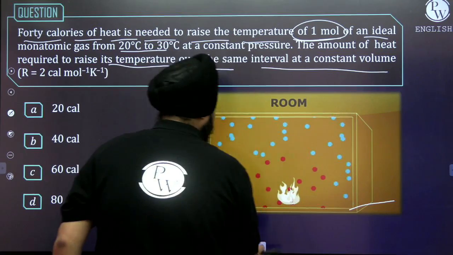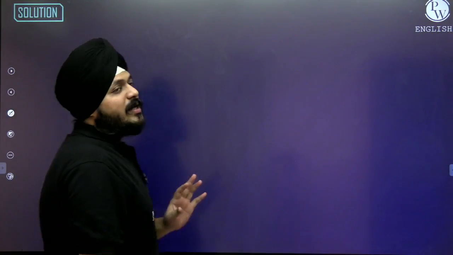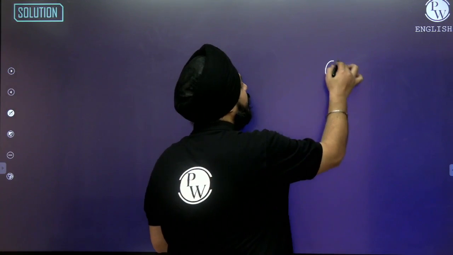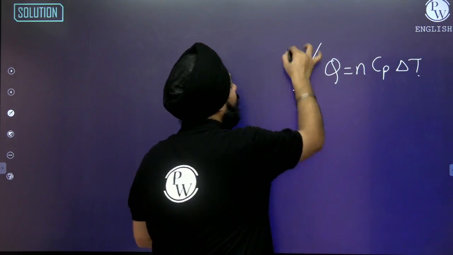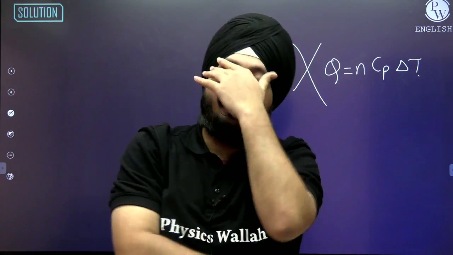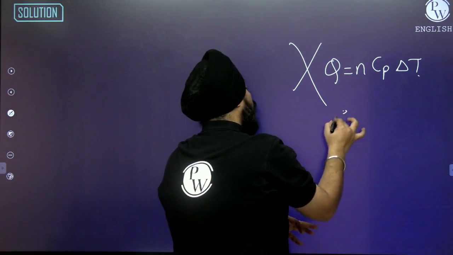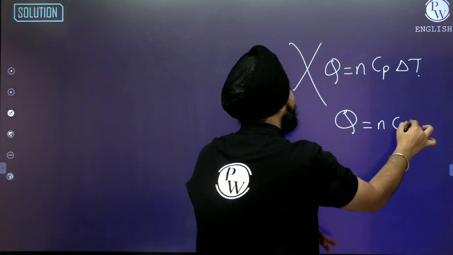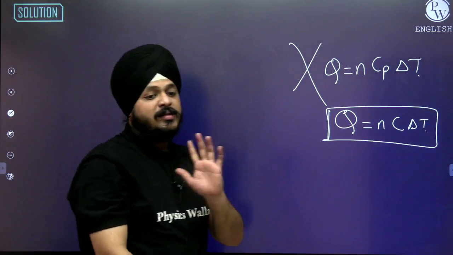First of all, it's a very simple question. See, there is one misconception that students have. Q is never equivalent to nCp delta T. Q is always equivalent to nC delta T. Fundamentally, just keep this in your mind.